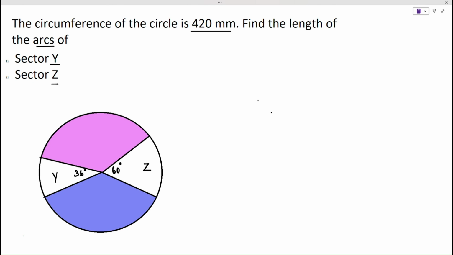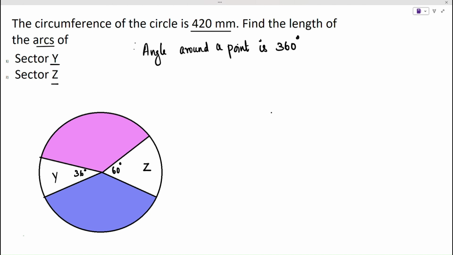So we know that the angles around a point add up to 360 degrees. And this can also be used to represent the different sections of the circumference of our circle.